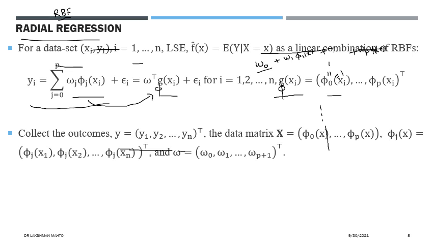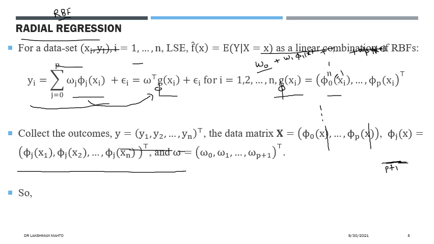Likewise you get the second column, and likewise the fifth column. I have explicitly written this is the jth column. We define it this way, and there is an involvement of the unknown parameter omega, which happens to be p plus 1 dimension. So this is the parameter vector that we want to estimate.